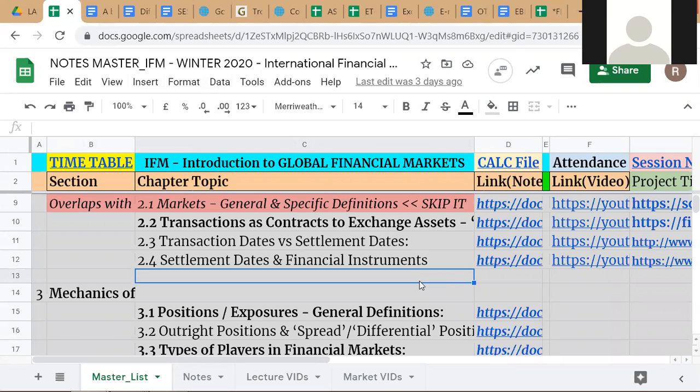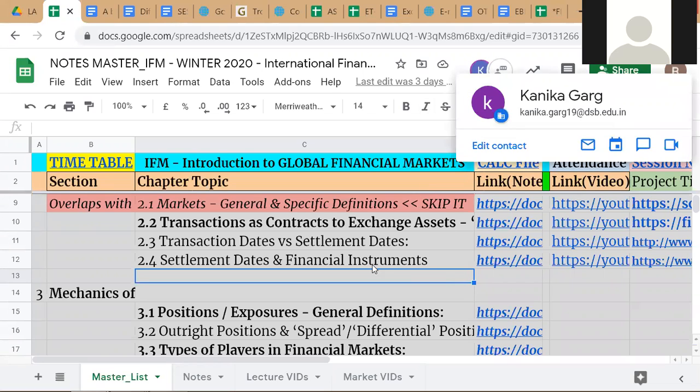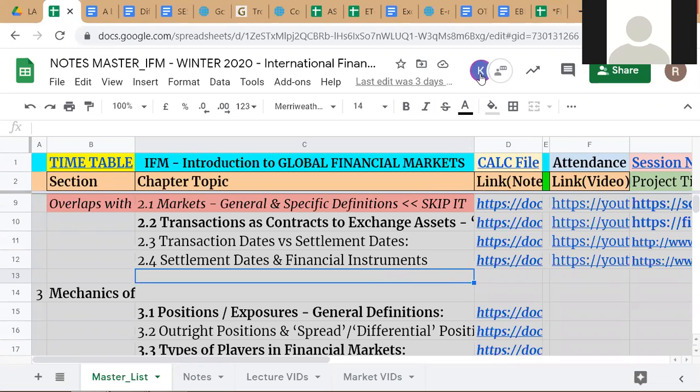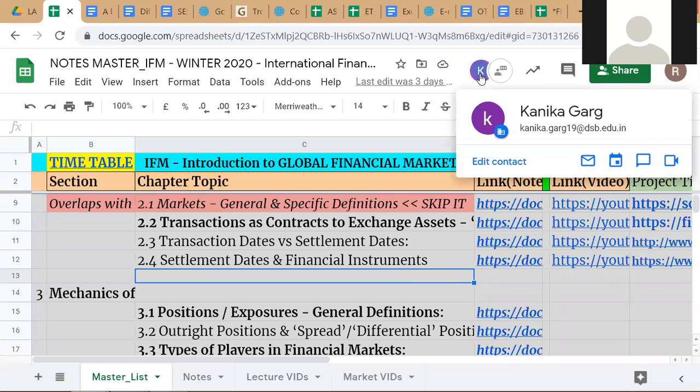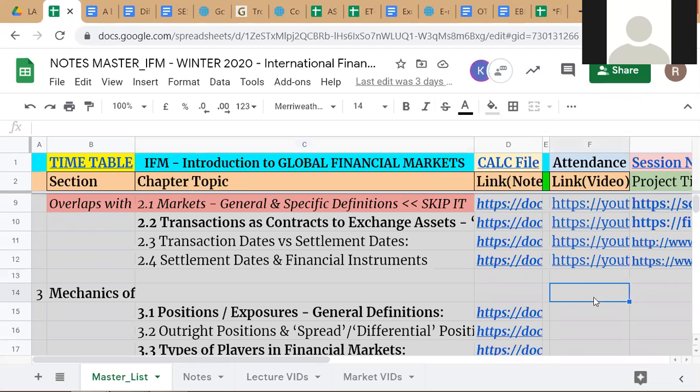So Gaurav, just hang on. Conceptual question, and I'll close the recording, and then we'll come to it. So we can see Kanika has joined. Kanika has actually opened the spreadsheet, so she's able to open the spreadsheet. Sir, even I am able to access the notes. So Mithali is able to access. So there's some kind of problem. We'll come to that. Let's deal with Mithali's conceptual question first.